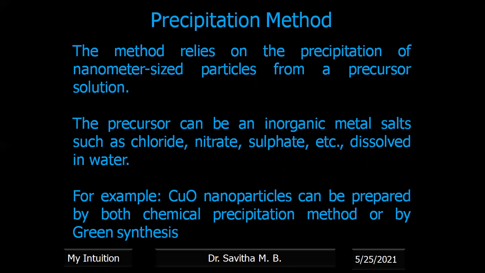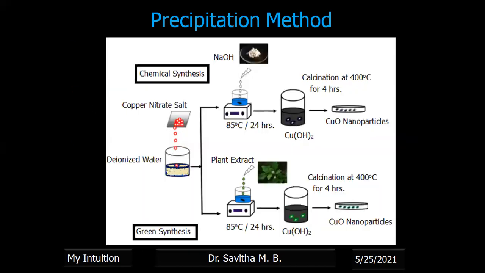Precipitation can be done by using certain chemicals, which is the chemical precipitation method, or by green synthesis. Green synthesis means you will be using certain plant extracts. Now let us see an example: the synthesis of copper oxide nanoparticle.